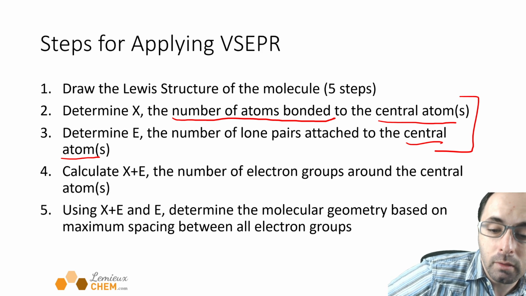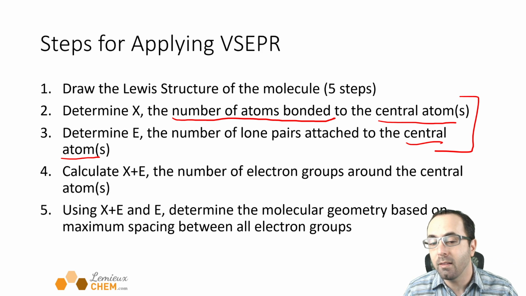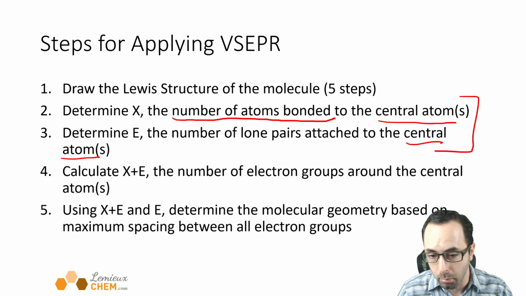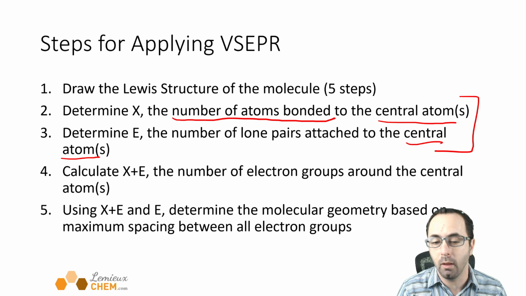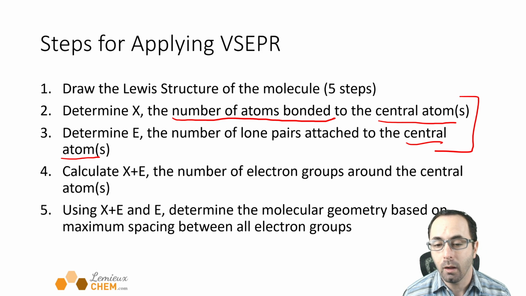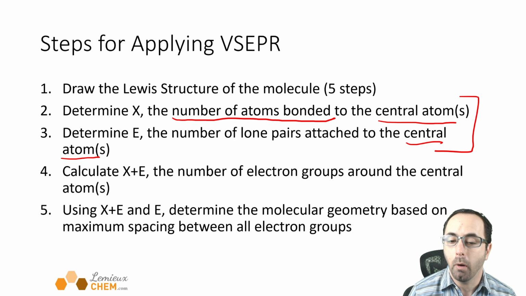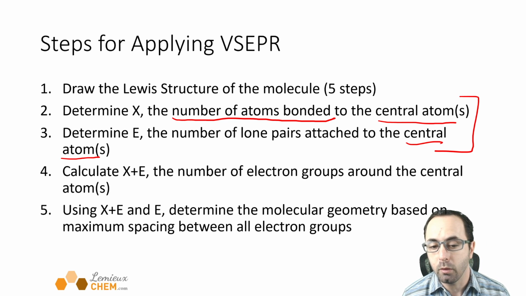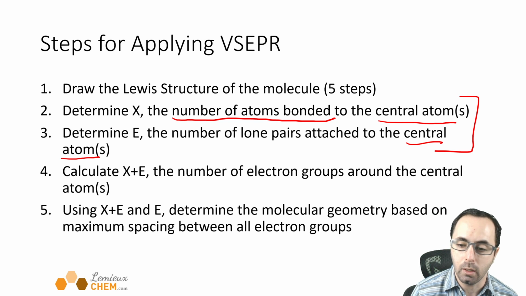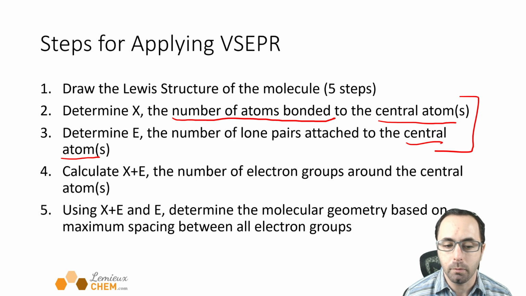A double or a triple bond still counts as only one electron group because all the electrons are there in one place. And so do lone pairs. So X plus E is the number of bonded atoms plus the number of lone pairs, which together gives us the number of electron groups that would repel one another in the VSEPR model.